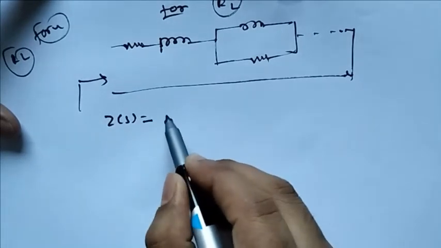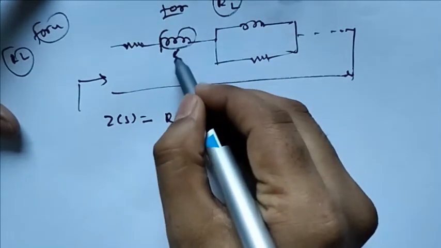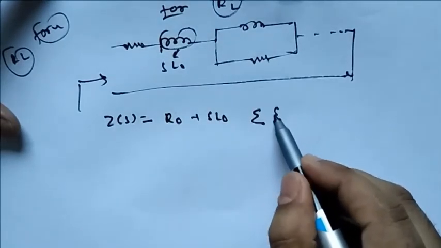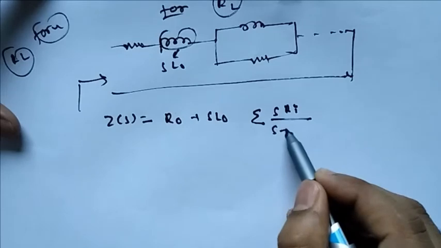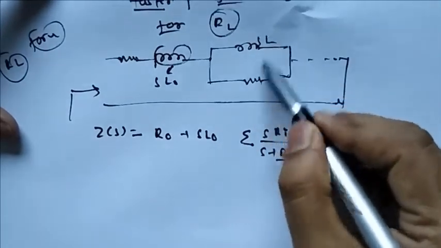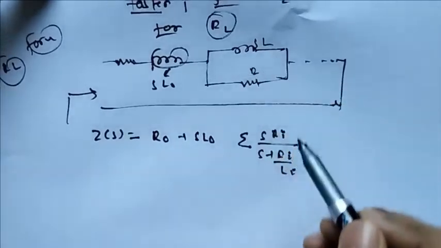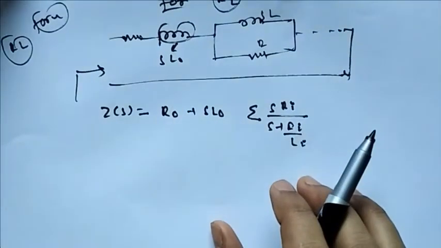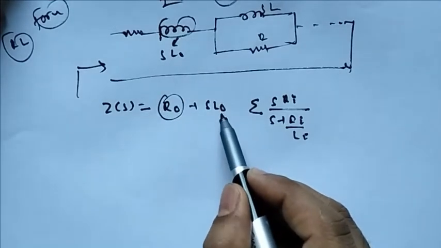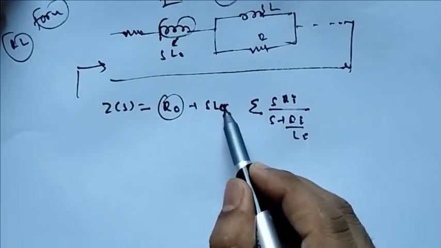ZS will be R naught plus S L naught, plus the summation of S Ri by S plus Ri by Li. If you do the parallel combination of SL and R, we are going to get this form. Now why is it R naught, and L infinity and L 0?